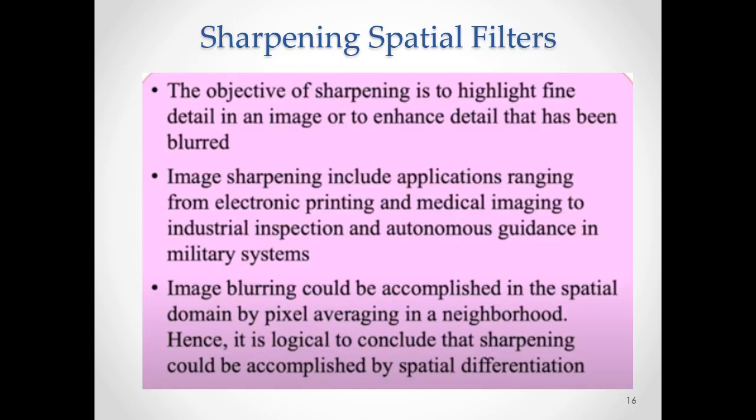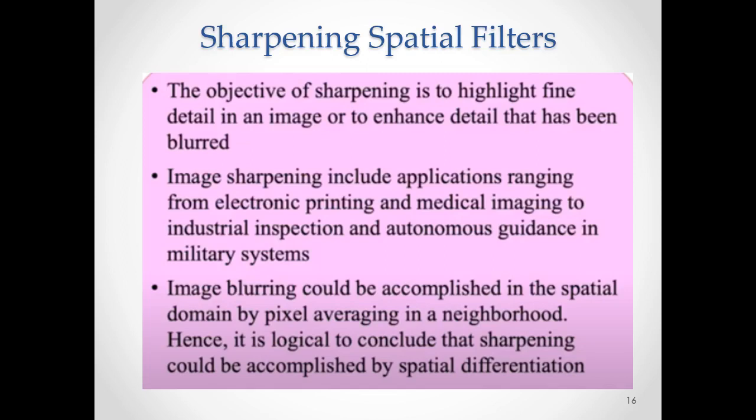The definition used for the first derivative must be 0 in flat segments, must be non-zero at the onset of a gray level step or ramp, and must be non-zero along the ramp. We will understand this when we consider the example. For the time being, remember these properties for the first order derivative.